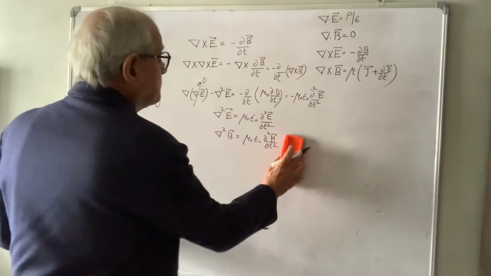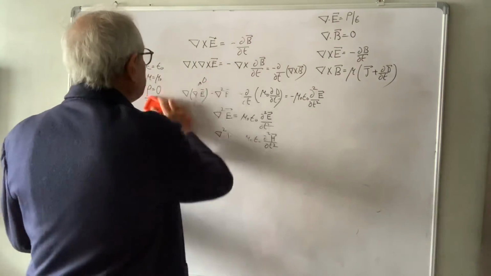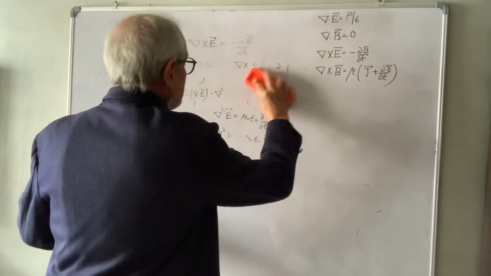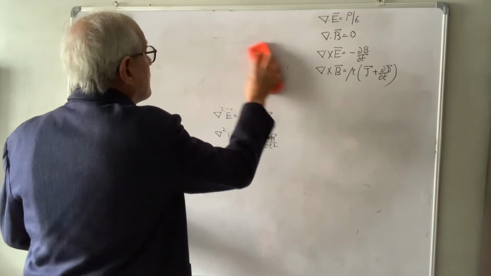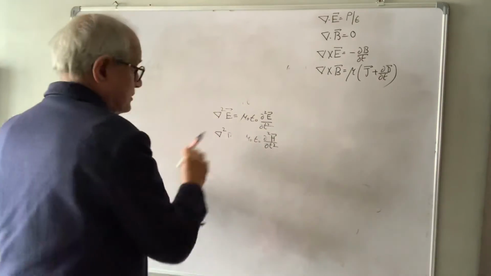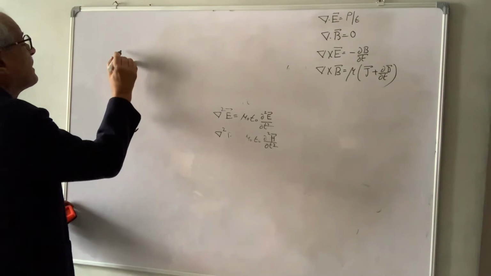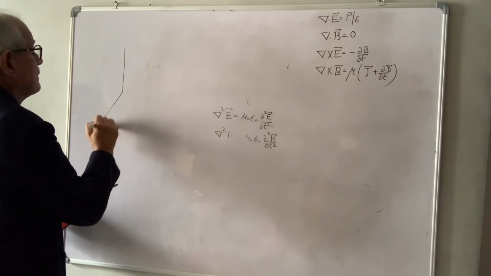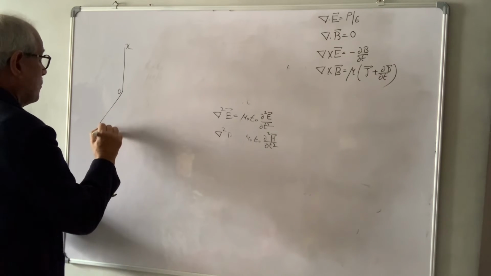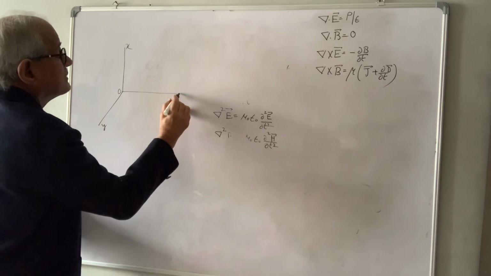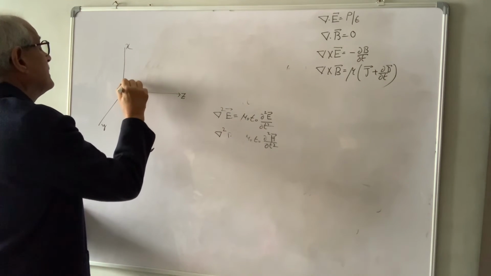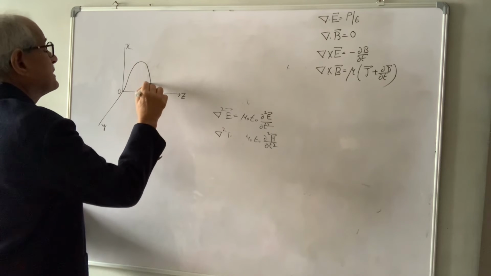So a plane electromagnetic wave can be represented as follows. This is x-axis, origin, y-axis, and this is z. Let the electric field be changing along the x-axis.